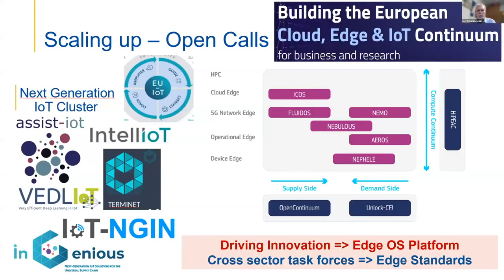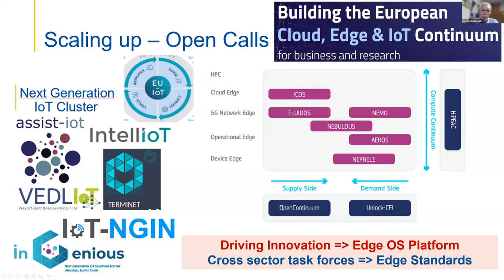This is a group of topics which have been selected under the meta operating systems projects. We've selected 6 projects, which you find over there. They have started in autumn last year, so they're running quite a while. They will be coordinated as a cluster of projects to amplify the innovation, to drive innovation in edge computing towards an open edge operating system platform, which is a multi-stakeholder platform and looking at the different interfaces.